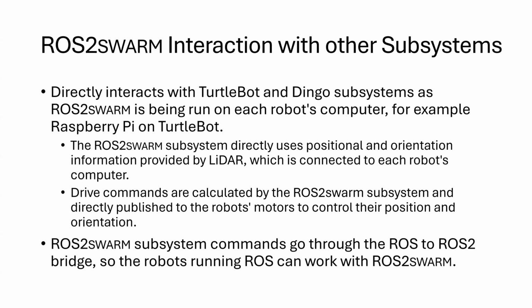The interaction this subsystem has with other subsystems is that it directly interacts with the TurtleBot and Dingo subsystems, as those robots will be executing the swarm commands, and it also uses the LiDAR data from the robots to calculate position and orientation, as I described previously, and also directly publishes commands to the motors.